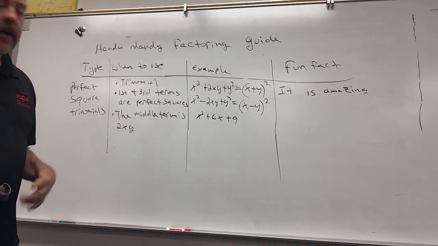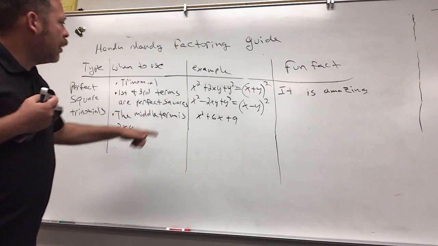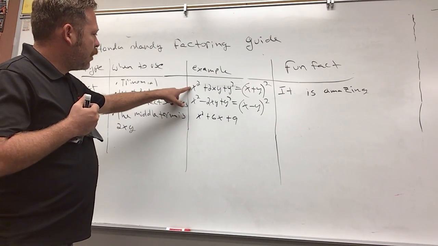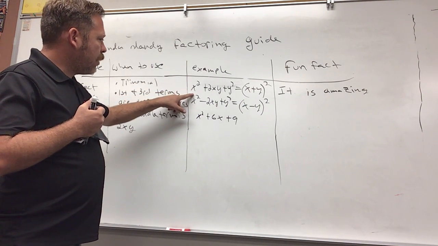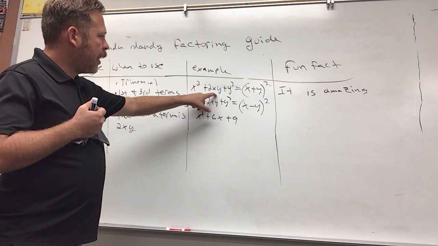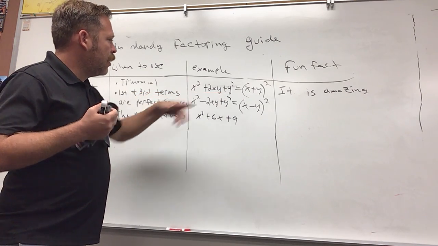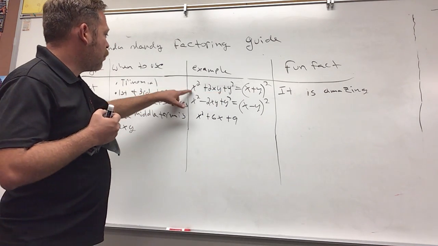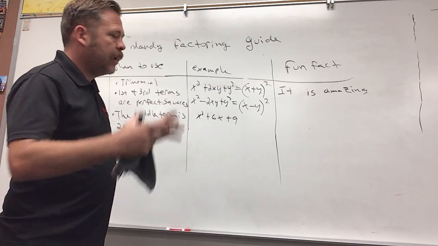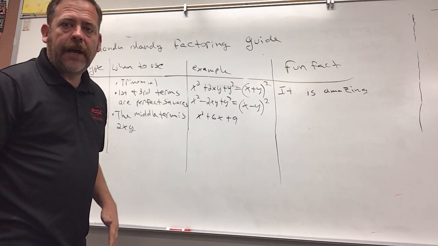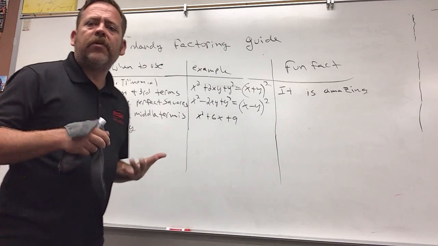Now let's take a look at a simple example, but first, here are the formulas. If it's a perfect square trinomial, x squared plus 2xy plus y squared will factor to the square root of the first term plus the square root of the second term, and all of that will be squared. It'll make more sense when we do an actual example.